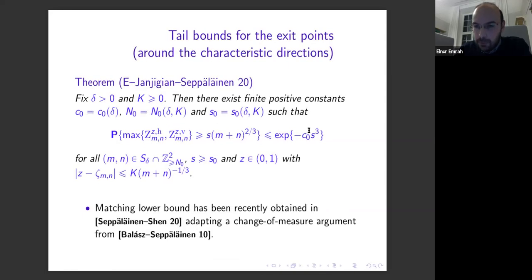Now, why do we know this is the optimal bound? Because a matching lower bound has also been recently obtained by Timo Seppäläinen and Xiao Shen, adapting a change of measure argument from an earlier work by Márton Balázs and Seppäläinen. So s cubed is the true rate of decay for this.